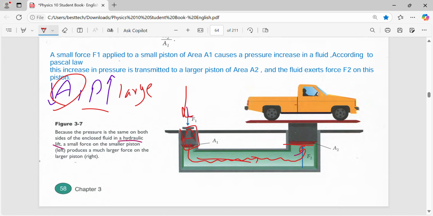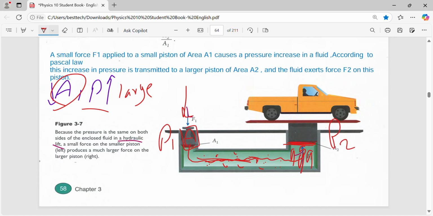So inside the container, no pressure is lost at every point. At each point we have an equal pressure, still a large pressure without losing any value. So we say pressure number 1 is equal to pressure number 2. Both are large pressure.